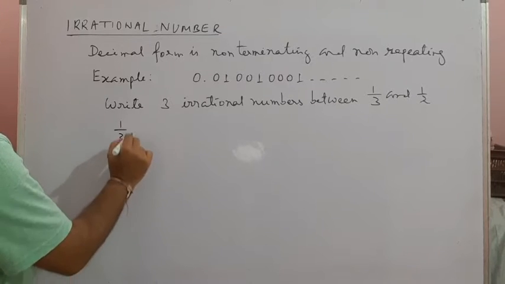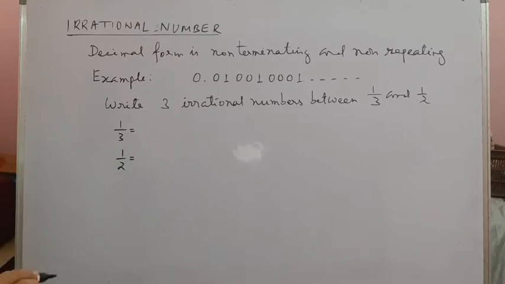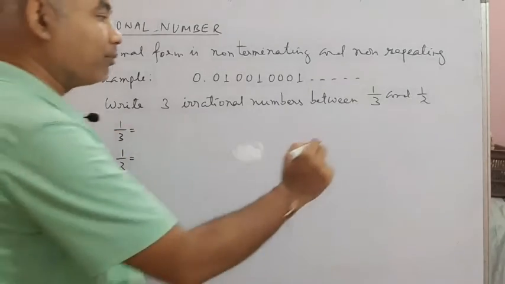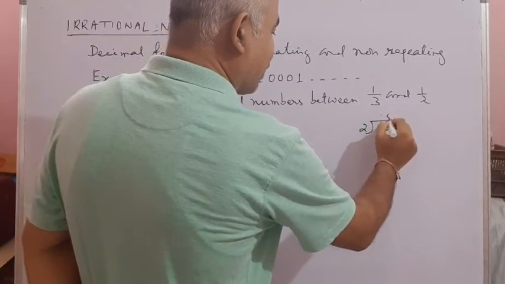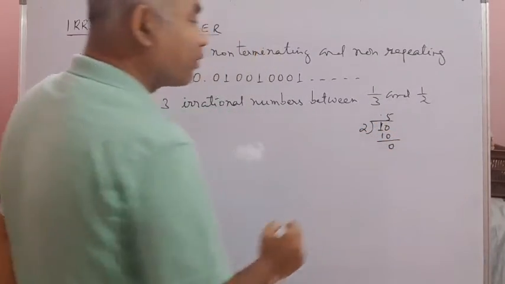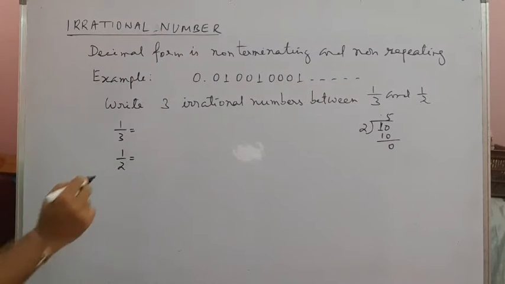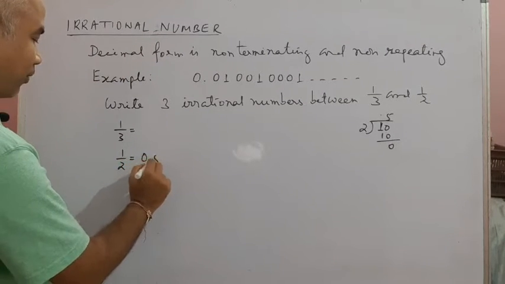Let me write them in decimal form. 1 by 2 in decimal form is a terminating decimal, because 0 comes as remainder, so it will be 0.5.